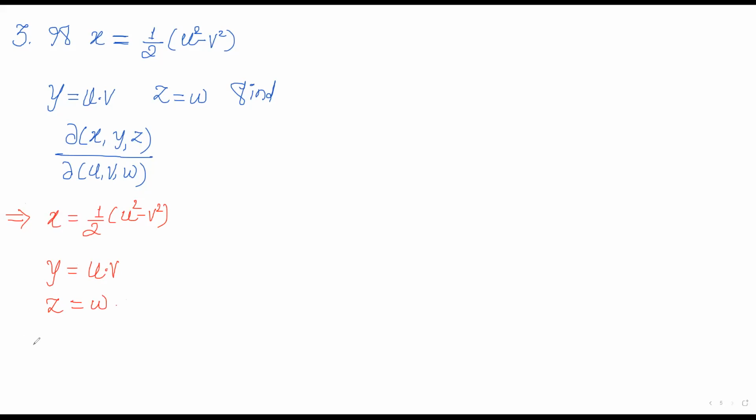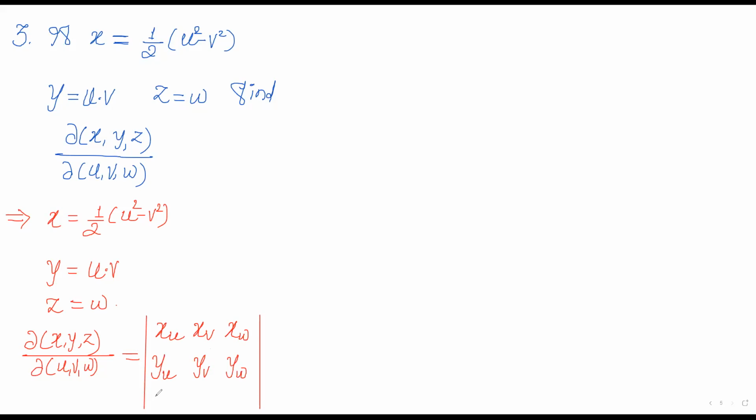Now finding the Jacobian of x, y, z with respect to u, v, w is equal to taking the determinant of this function by using their derivatives. So first we can write here: x_u, x_v, x_w, y_u, y_v, y_w, z_u, z_v, z_w.